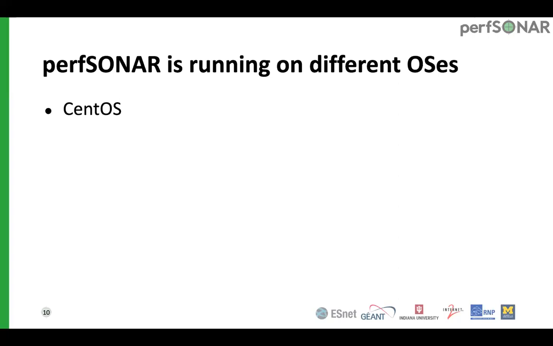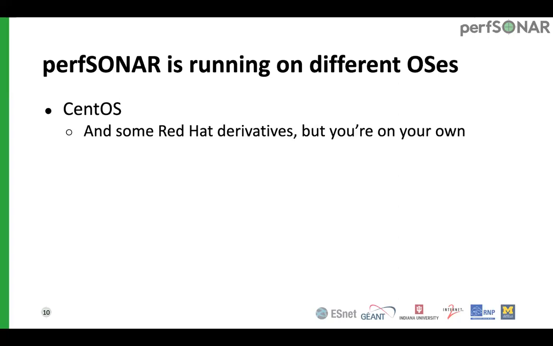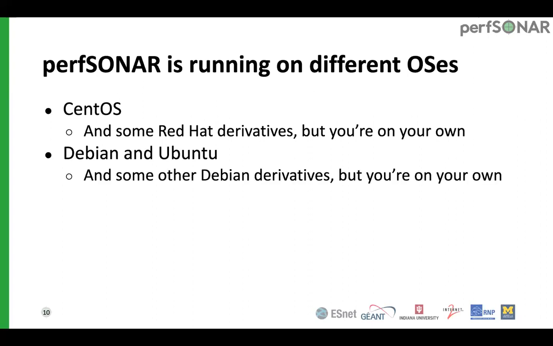So perfSONAR as it is now is running on CentOS, and that's a platform that we have supported for a long time already. And for a few years, we also support running perfSONAR on Debian and Ubuntu, and some derivatives of that.